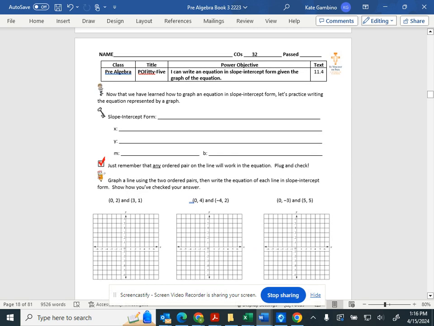Okay, PO 55. I can write an equation in slope-intercept form given the graph of the equation. So we know what slope-intercept form means. Y equals mx plus b, y is the y values, x is the x values, m is the slope, b is the y-intercept. So now I have 2 ordered pairs. What do I do?